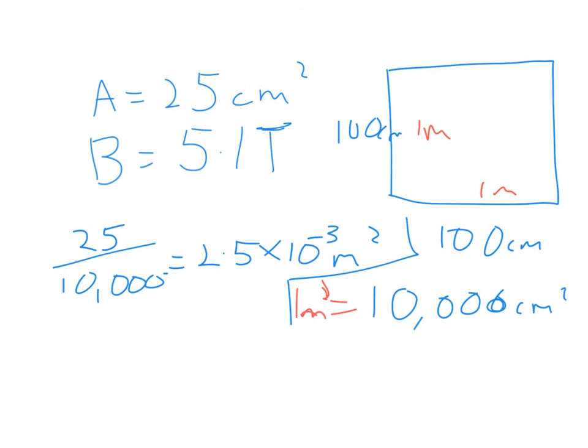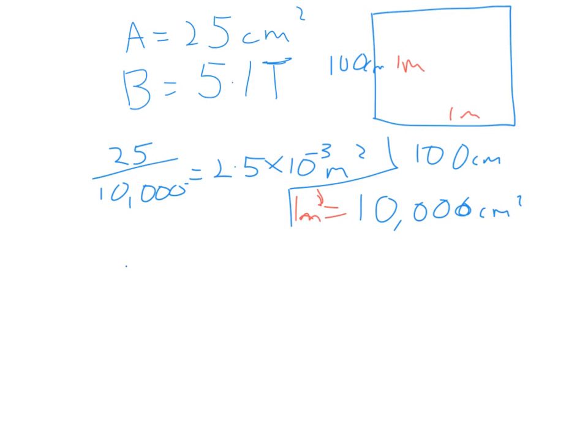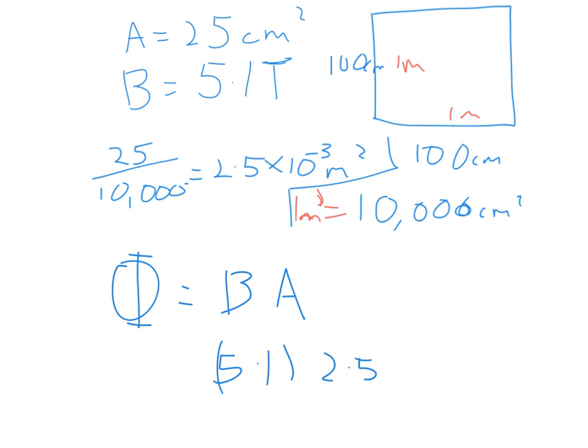At this point, we have our area in meters squared, we have our magnetic flux density in teslas, so we're ready to go ahead with the formula, which is our magnetic flux is equal to our magnetic flux density times the area. Again, make sure you always write out the formula, but then it'll just be 5.1 times 2.5 times 10 to the minus 3.